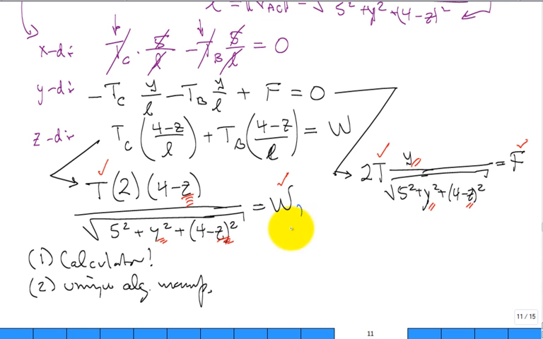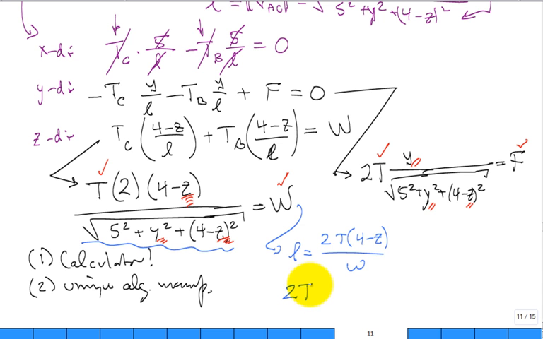I know this gets nasty, but you would say, okay, I'm going to have L is equal to 2t times (4 minus Z) divided by W. Thinking that this is L, take and substitute that into this equation. So I have 2t times Y divided by L. But L is 2t (4 minus Z) over W, times W is equal to F.